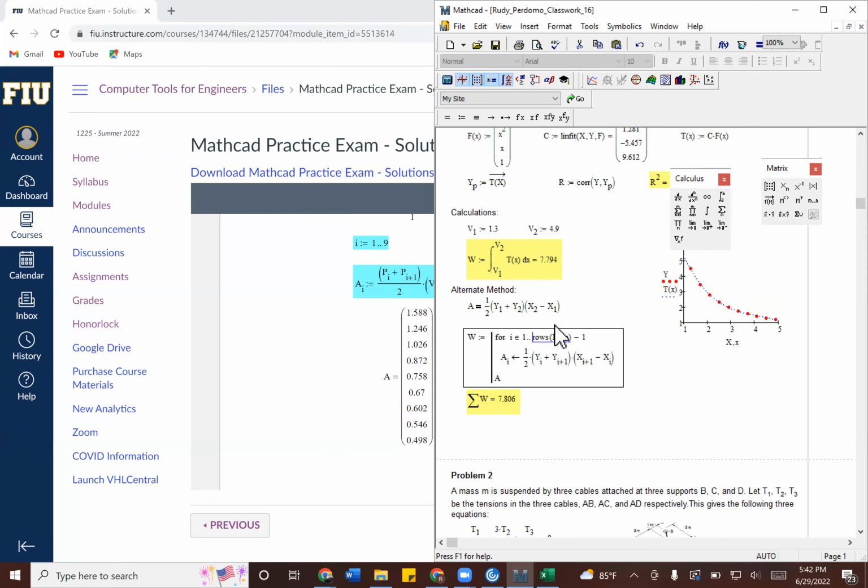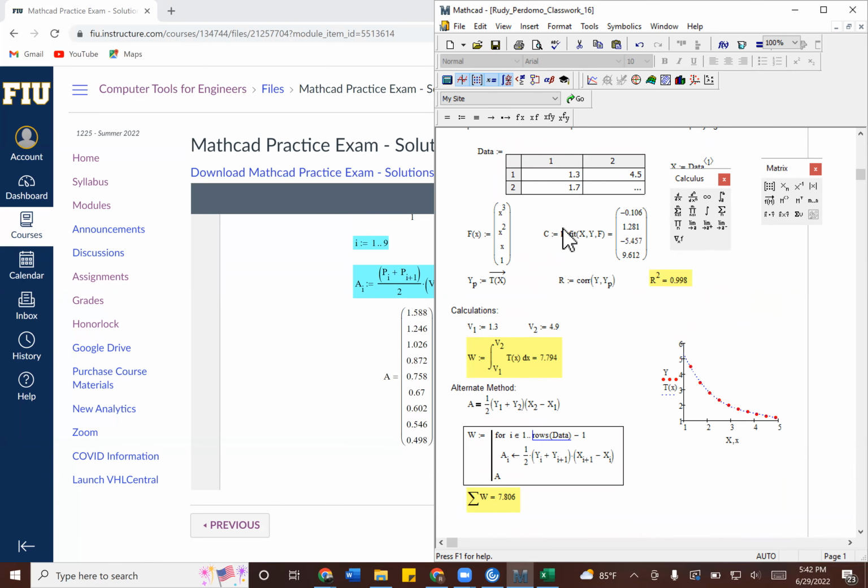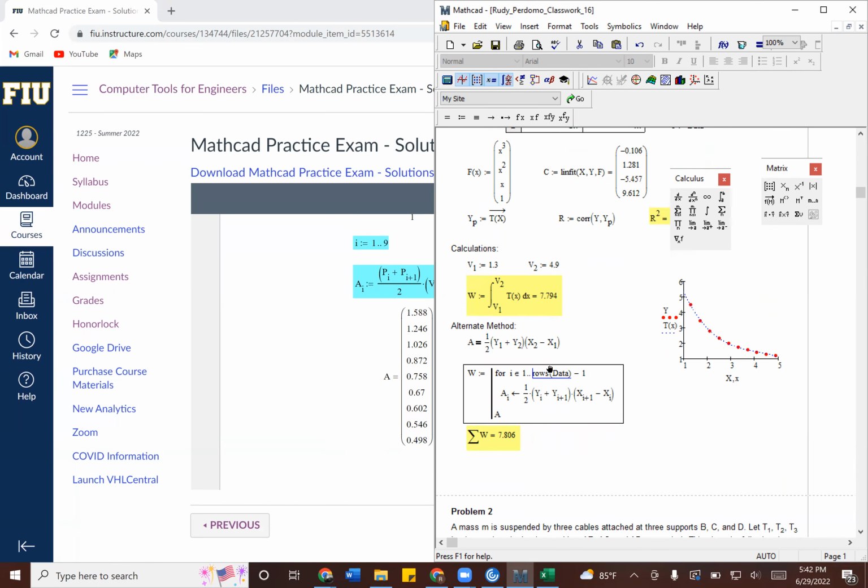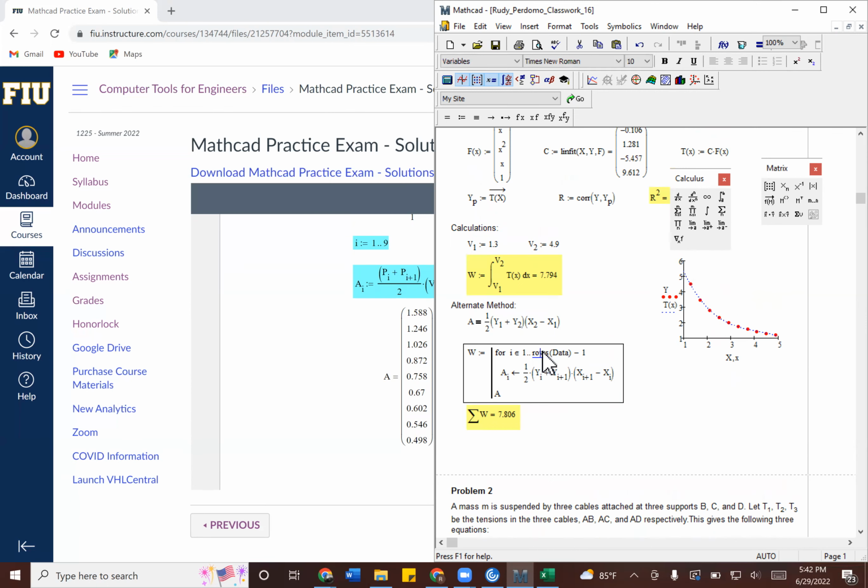So let's say they alter the number of rows here. You still have rows of data minus 1. So here, instead of using 10, she used 9. So she subtracted 1 from the end. That's what I did here. Since there's 10 rows here, minus 1 is 9, right? Okay. For this case. Now, if they added more rows here, it would change this.